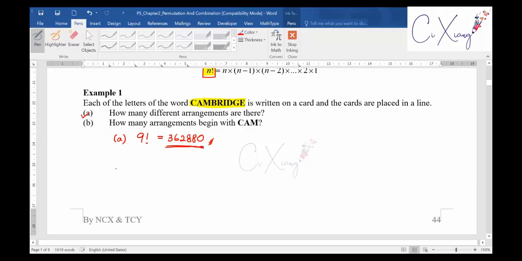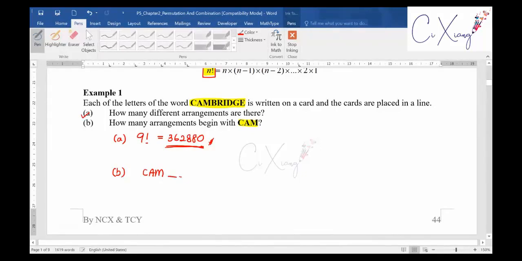Okay, all right. Now for part B, they give you a small restriction here. How many arrangements begin with CAM? They want the arrangement to begin with CAM. That means the CAM is fixed. You are not going to touch it. You are not going to arrange these 3 letters CAM. So it is fixed there.